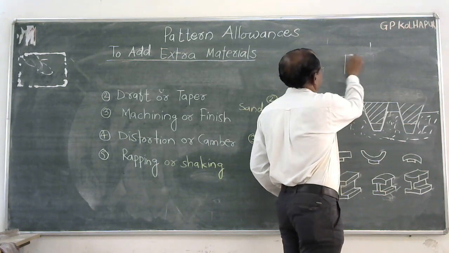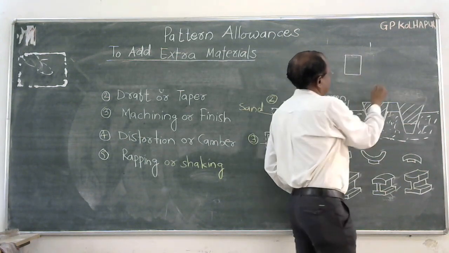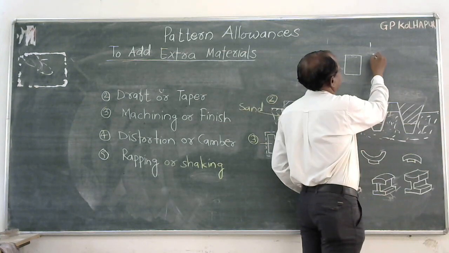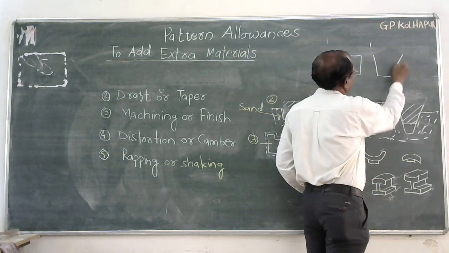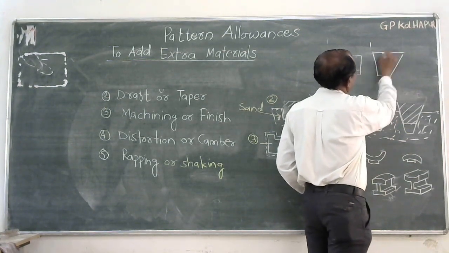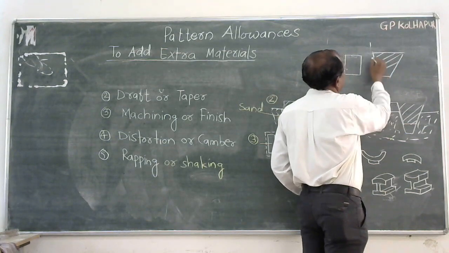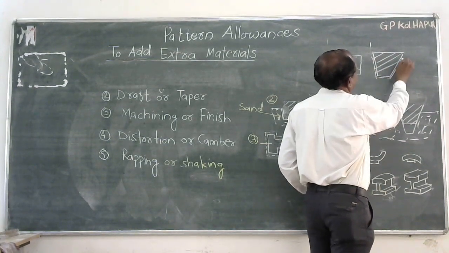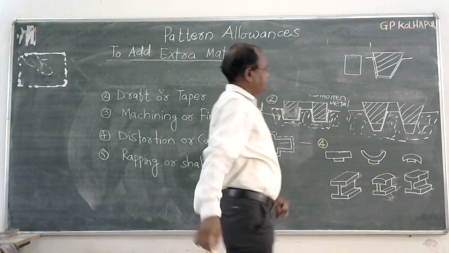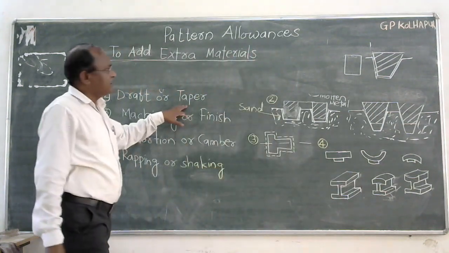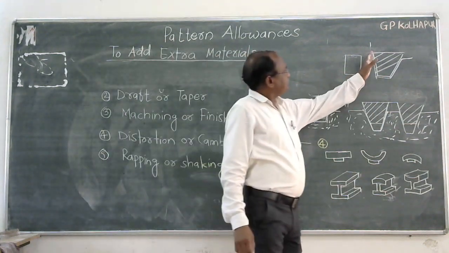Instead of casting such a type of product, you provide some angle on the pattern. So you prepare a pattern like this, so that this pattern will create a mold cavity in the molding sand. That is also taper. Taper means there is some angle.